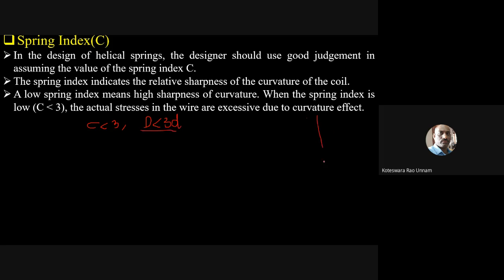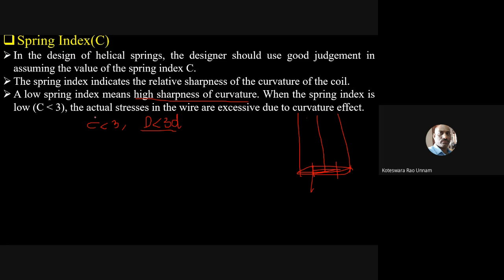If I take this as our d, and if I go to something like this, this is 3d, 3 times d approximately goes to something like this. Then the remaining recess distance is very small, so that will create a high sharpness of curvature.